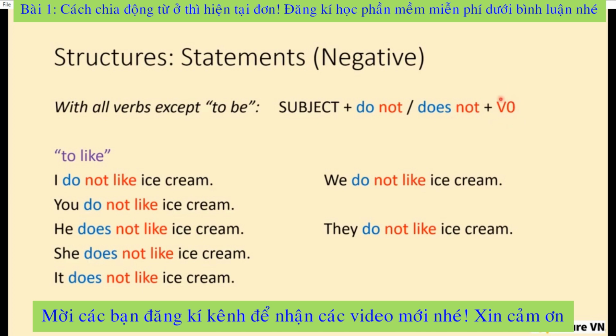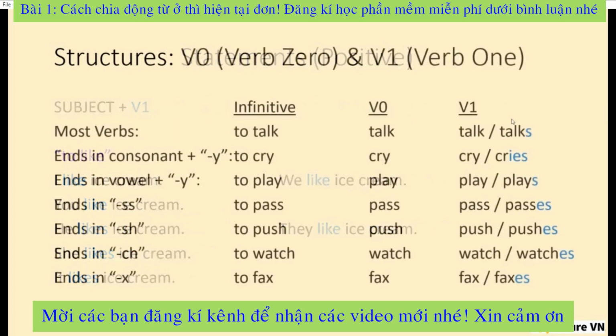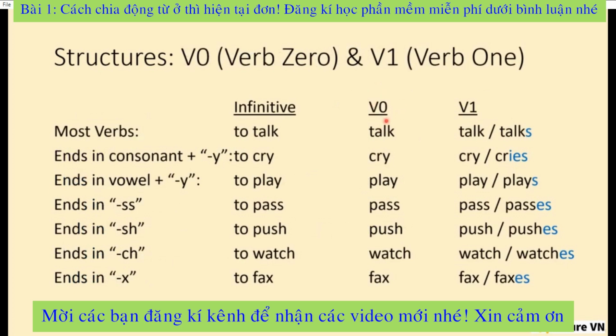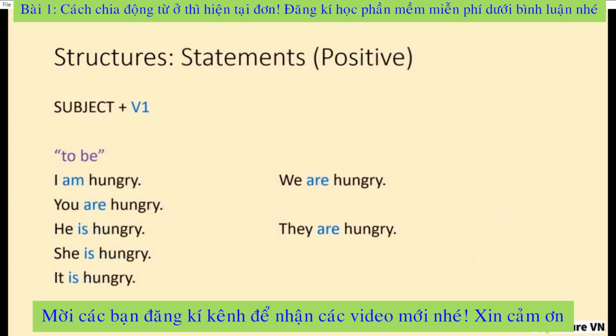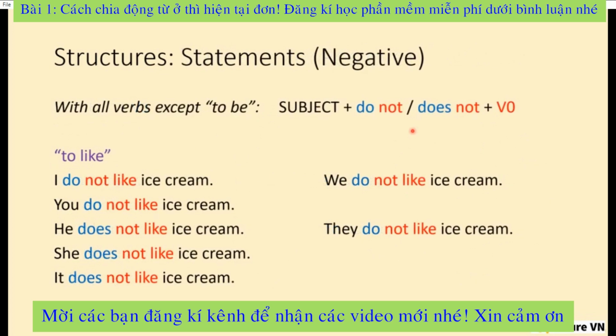Remember, verb 0 is the bare infinitive. It doesn't change. There's only one form. Let's take a look back for a second and review. Verb 0, only one form. So we don't have to figure out what form to use there. There's only one. We just have to change the helping verb do or does.